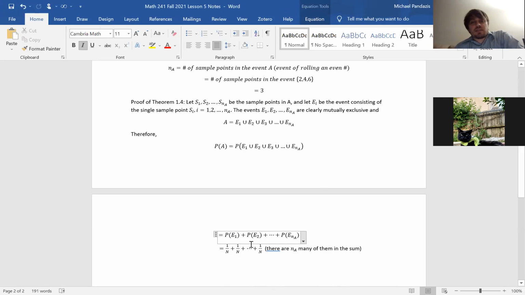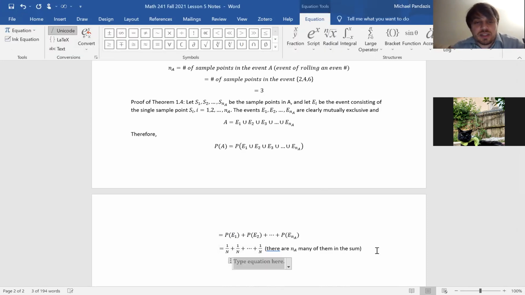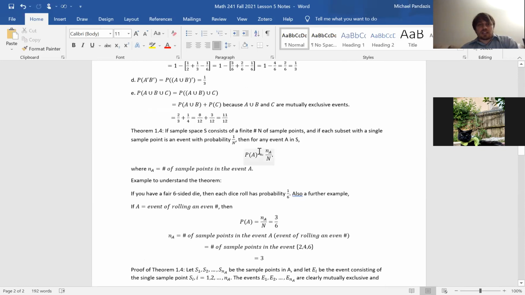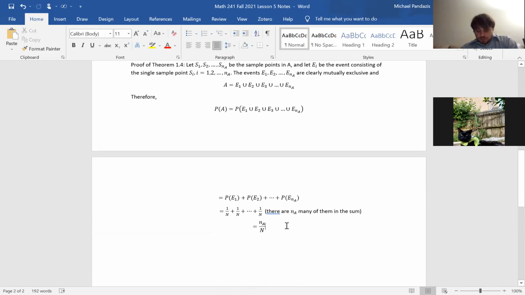So it's n sub a many of them, and they're each 1 over n. And so if you add n sub a many things where each of them is 1 over n, then the sum is equal to n sub capital A divided by capital N. And so what we found is that the probability of A is equal to n sub A over n, and that's what we wanted to prove. Okay, and so that's the proof.